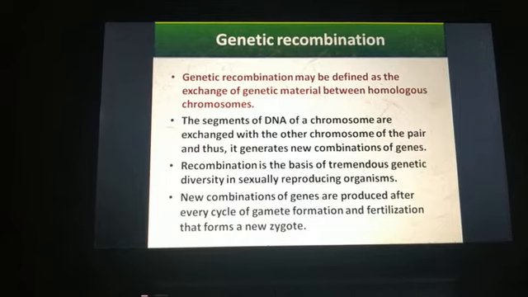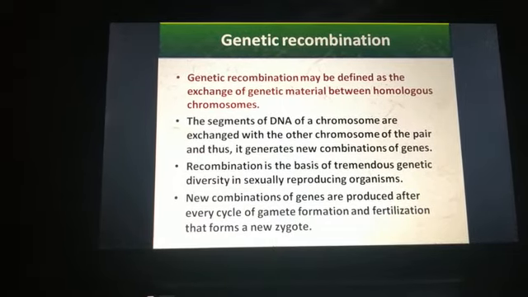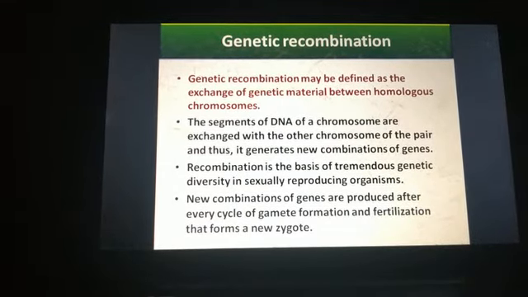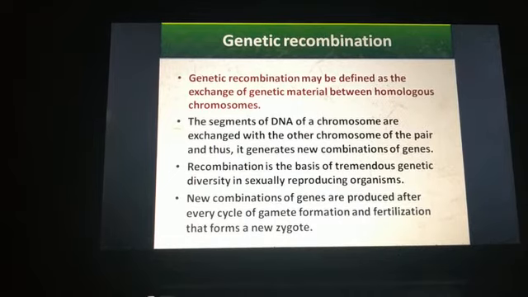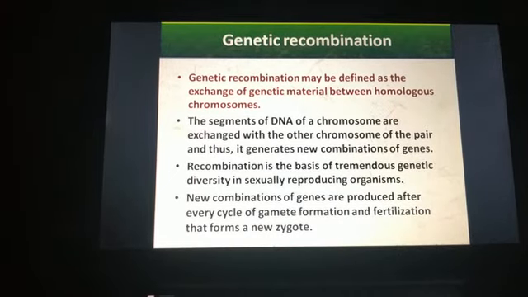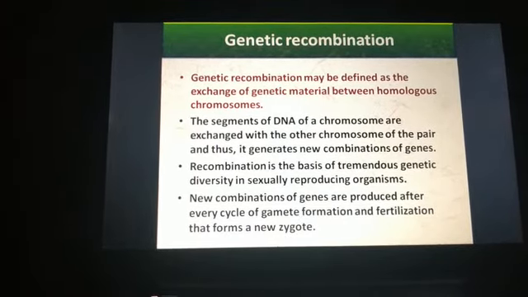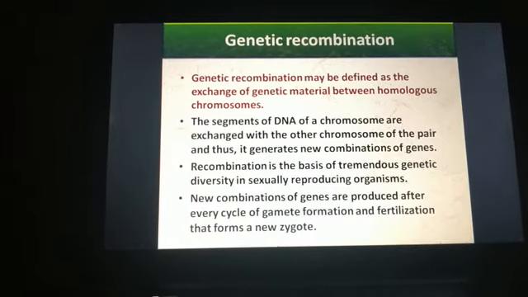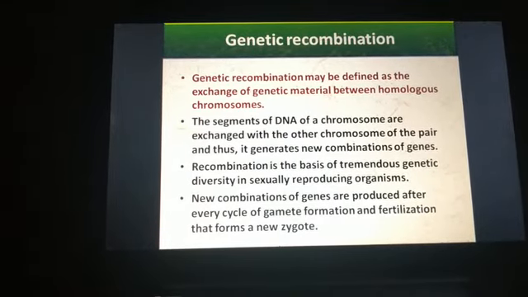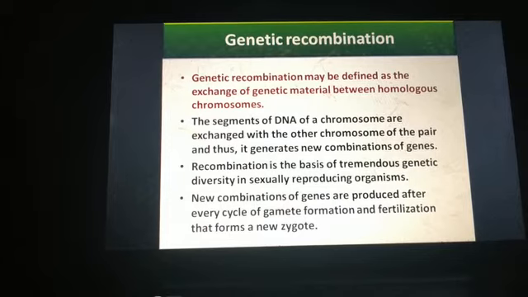So during gamete formation we can see new combinations of genes, and after fertilization also it gives rise to a new zygote that will have the genetic variations in the offspring.